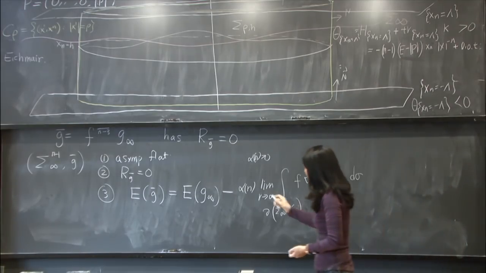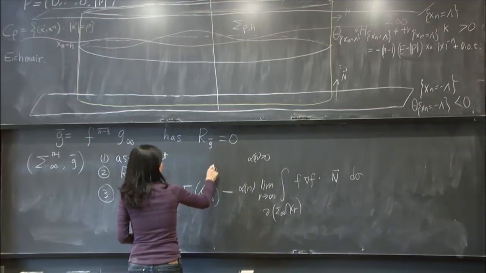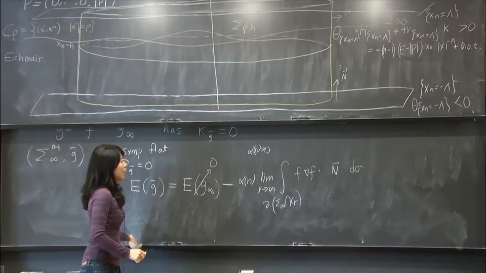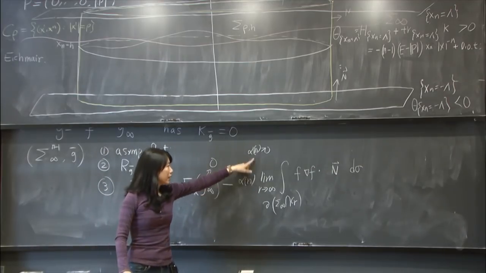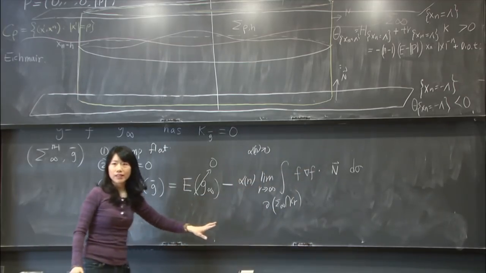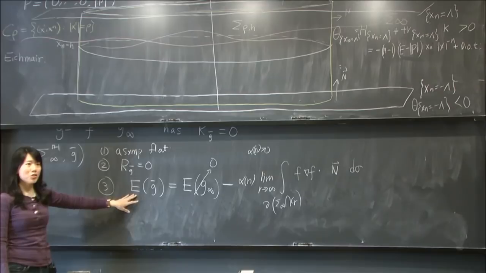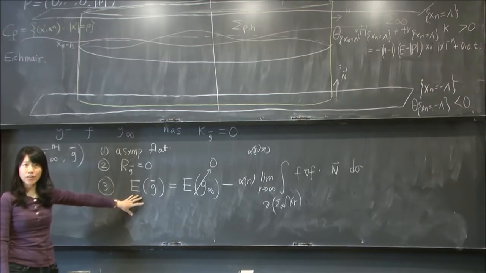And this is 0. It will be really nice if we know this quantity is positive, then after conformal change we get negative energy, and that's a counterexample.